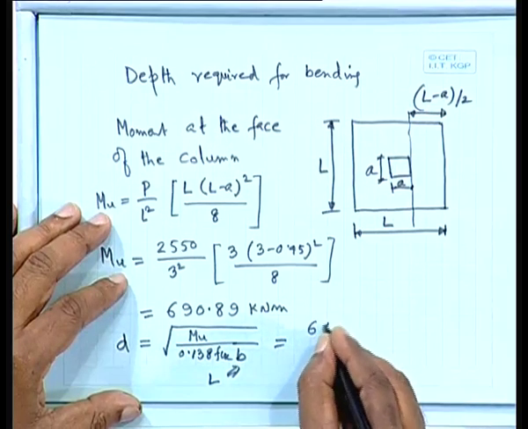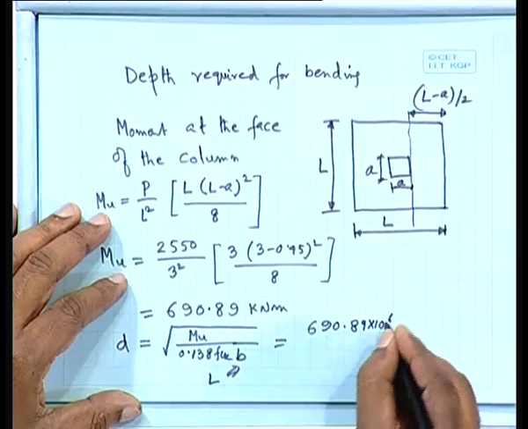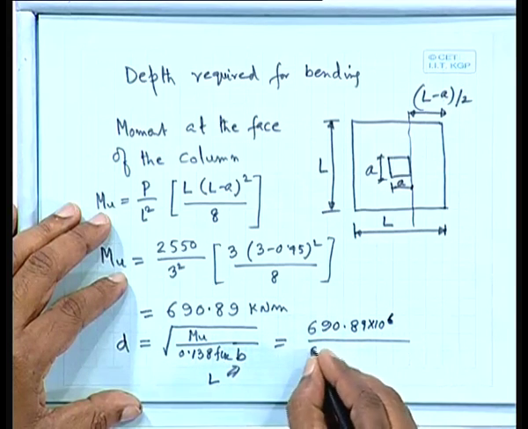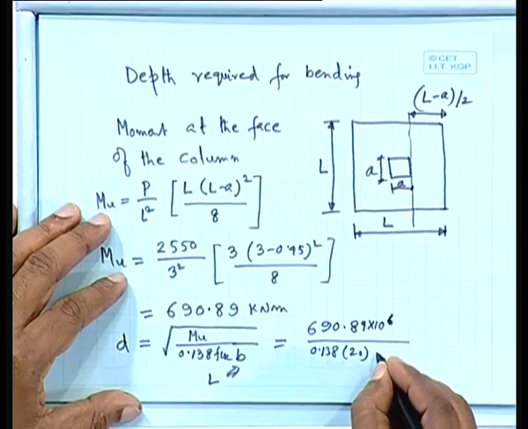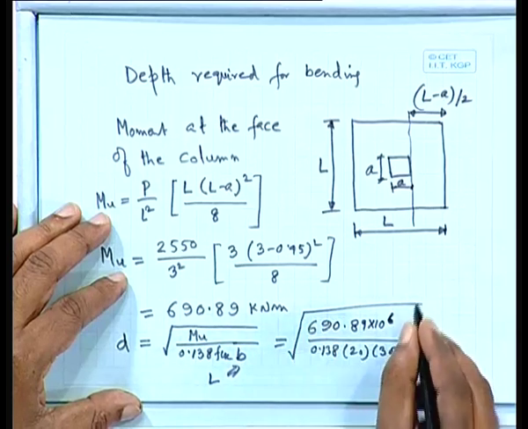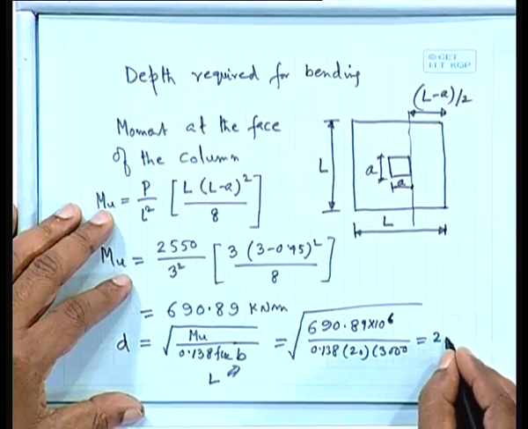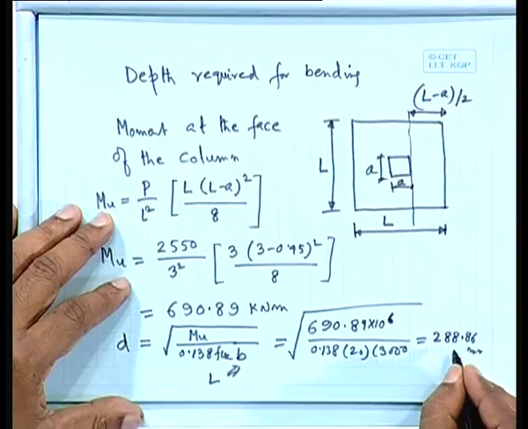So, 690.89 into 10 to the power 6 divided by 0.138 times 20 times 3000, which comes as 288.86. You can understand that it is very less.